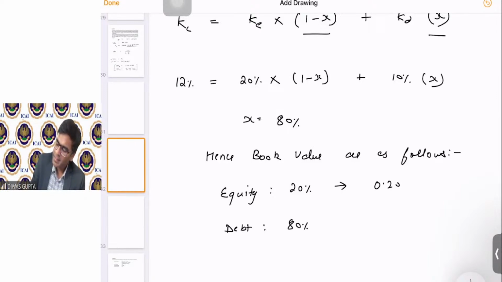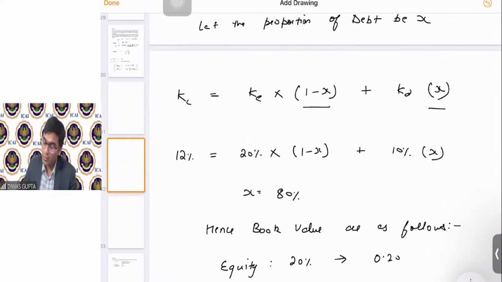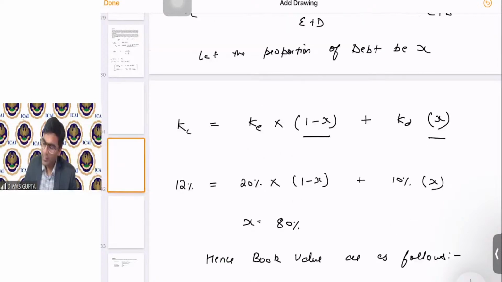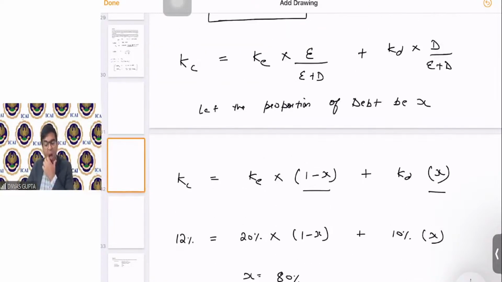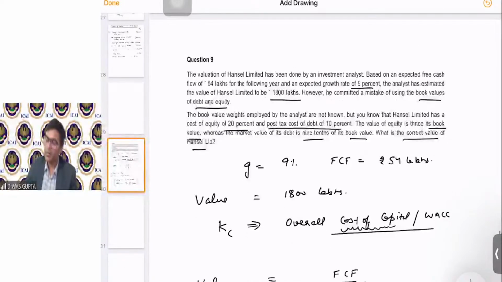Similarly, debt is 80%, 0.80. We have not been given the absolute amounts of the capital invested, so we can just work on the proportions. Okay, so 0.20 and 0.80.